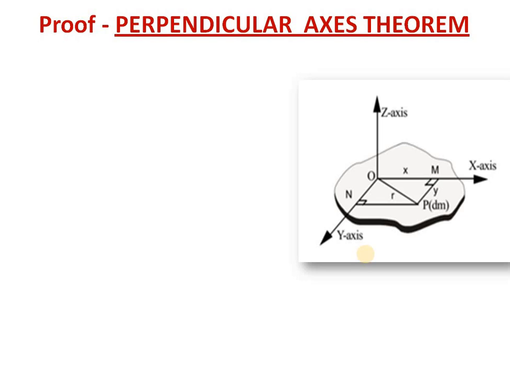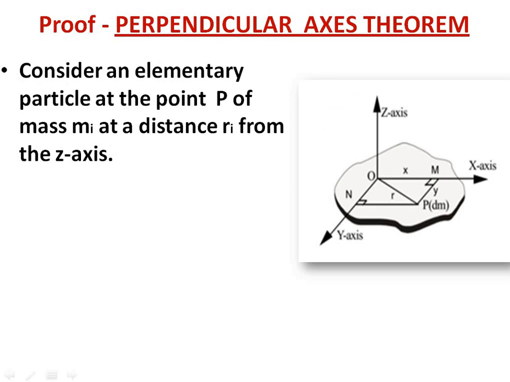Again, consider the same sheet, the same two-dimensional lamina. Axes are given here: x, y, and z axis. Consider some point on the sheet. Let P be a point where some mass is lying, and mi be the mass of that particle at the point P, and let ri be the perpendicular distance of the particle from the z-axis.